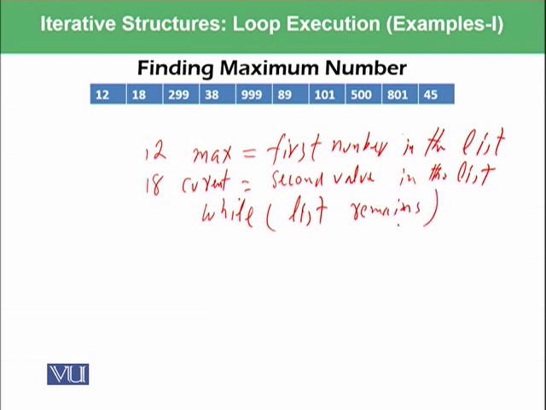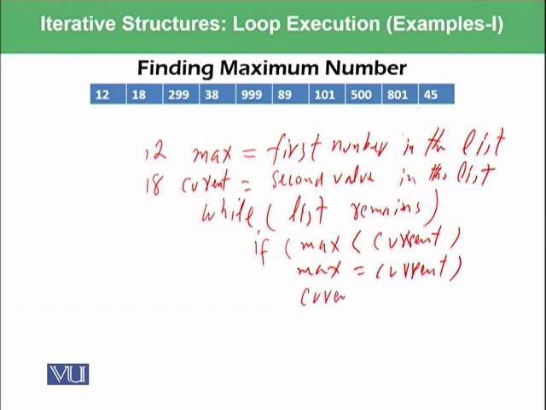Until we have any element in the list, we will keep on executing this loop, and the condition could be: if max is less than current, max is assigned by current, and current is assigned to the next value in the list. So let's try to execute it.